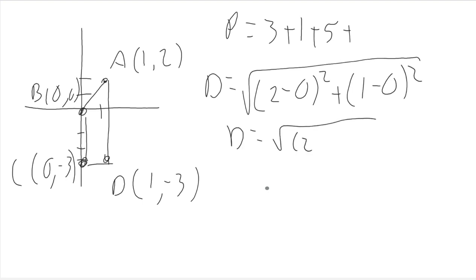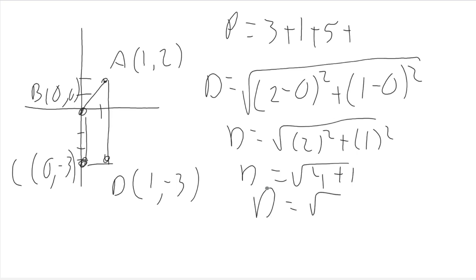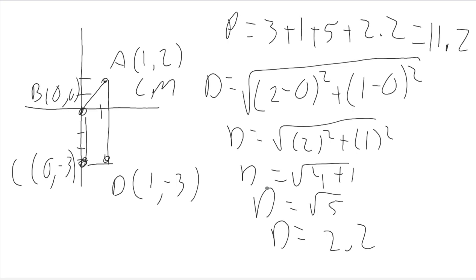And I get 2 squared plus 1 squared, which is the square root of 4 plus 1, or the square root of 5, which I get 2.2. So then I add that to it. So then I have 2 plus 2 plus 5 plus 1 plus 3, and I got a perimeter of 11.2. And again, if they had told us it's centimeters, I should do the label of centimeters.